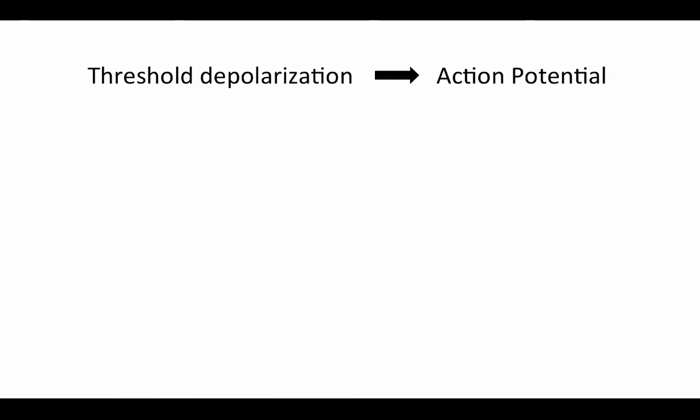So let's quickly compare a graded potential, which is what we get when all of these inputs are coming in around the dendrites and cell body, to an action potential, which is going to be initiated at the axon hillock and propagated down along the entire length of the axon.